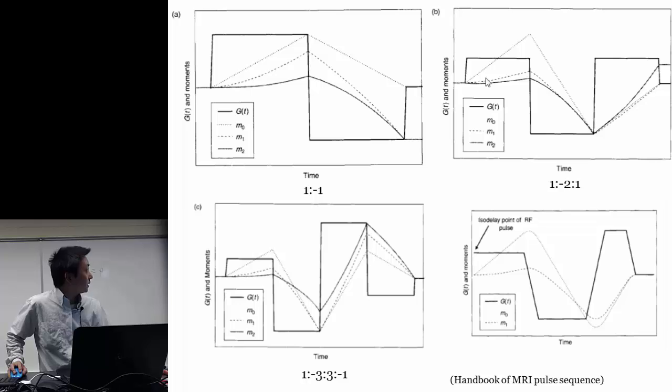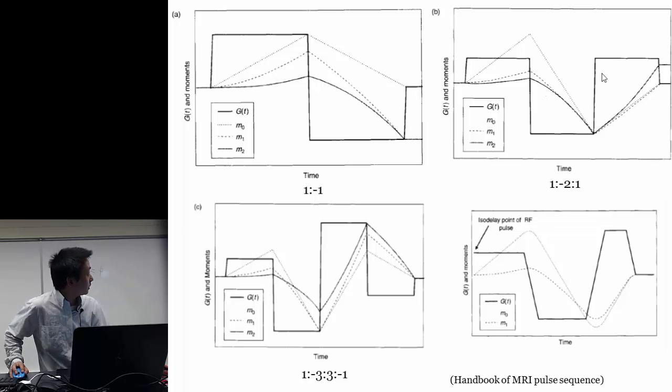But now the first gradient moment also becomes 0. So the phase developed associated with velocity is also 0, which means the flow-induced phase effect is cancelled or compensated.